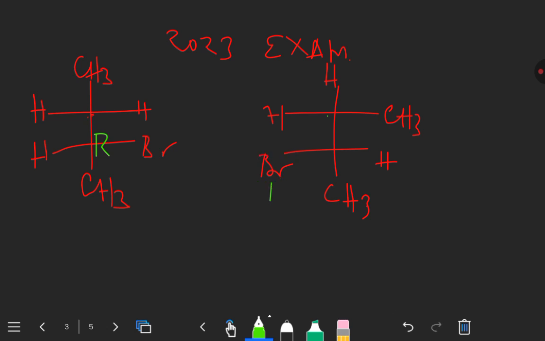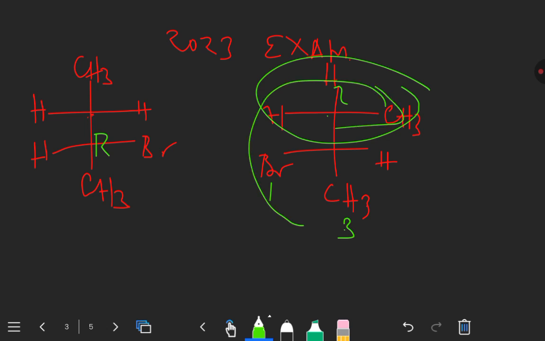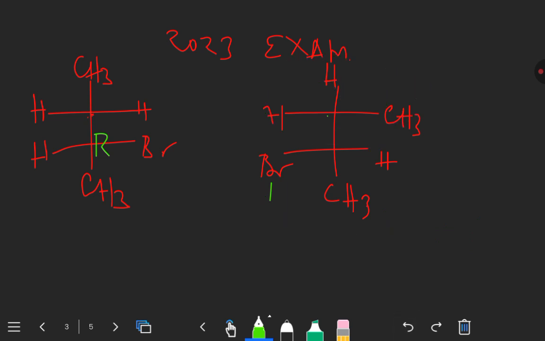We're going to say 1, then this group will be 2, then the methyl will be 3. So we're going to move like this. The movement in this manner is clockwise, and because the hydrogen, which is the fourth group, is in front, we're going to change from R, which is clockwise, to anti-clockwise, which is S. So you can see that we're going to have an S configuration.